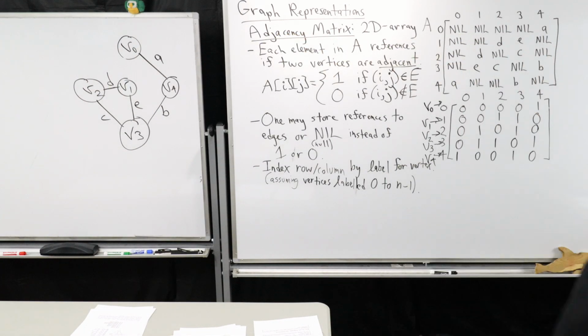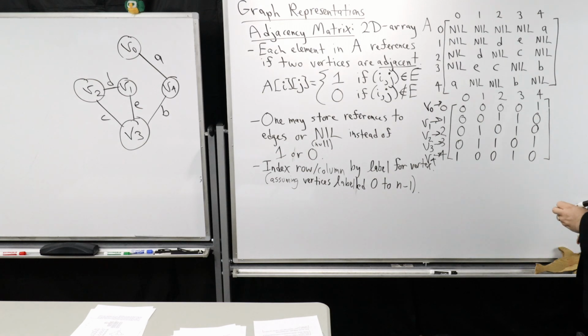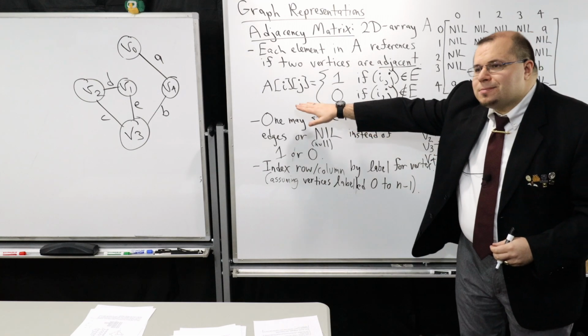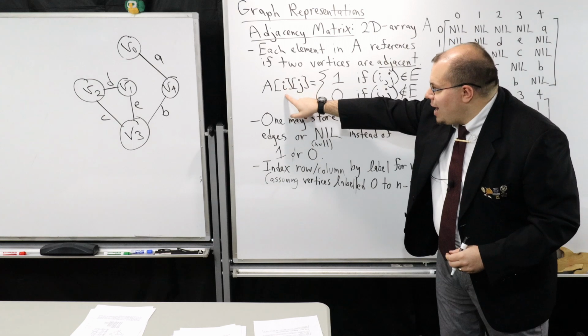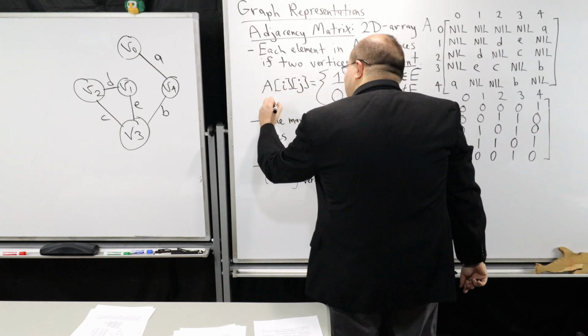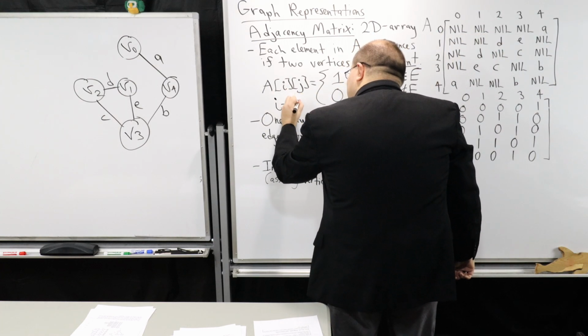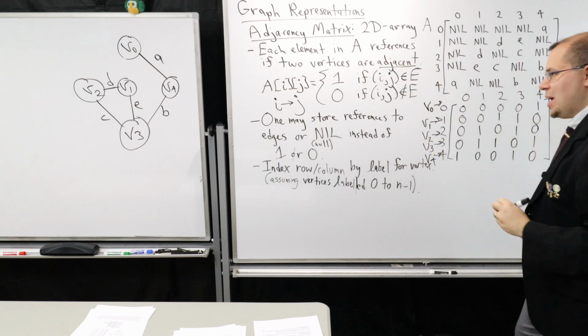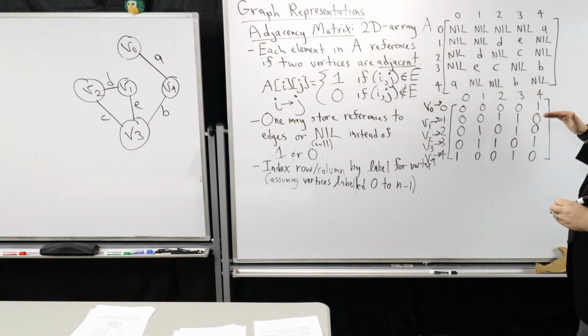Yes, what's up? Excellent question. So you'll notice that if I look at it like a 2D array, if you think of I, then J, then you'll notice that it's row, column, right?